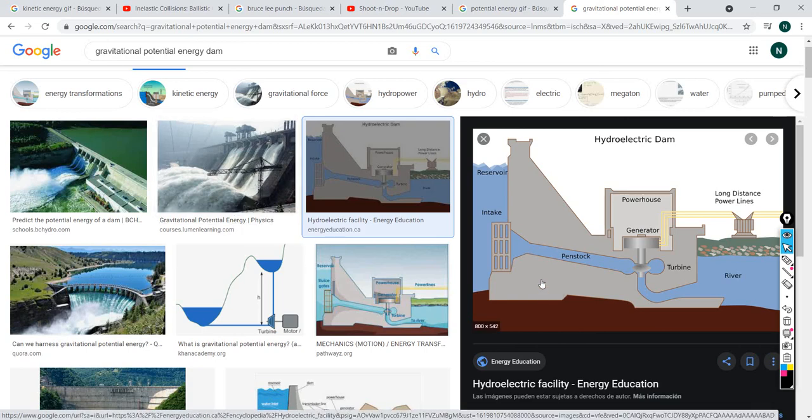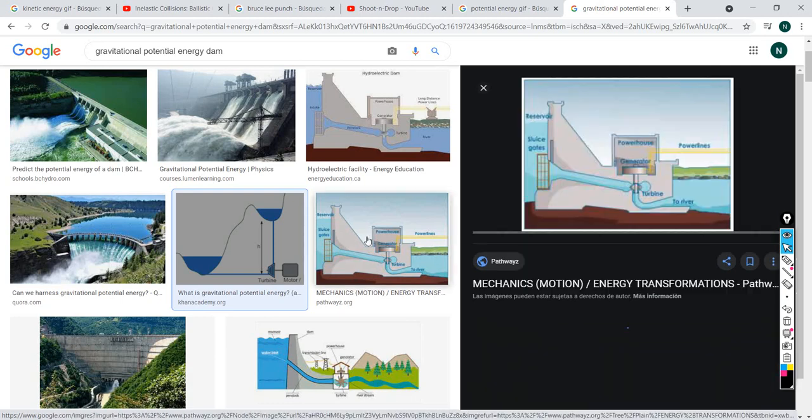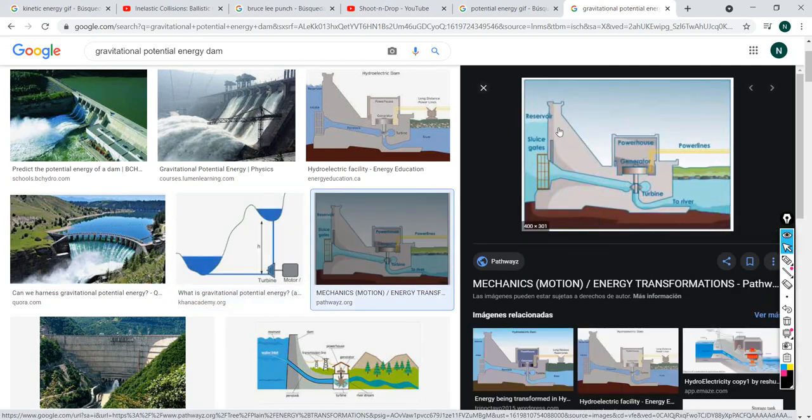And then that water, guys, look at this image here. This is the dam. When the water falls down, it's gonna impact on some turbine. Then, therefore, the water is gonna do work on the turbine, and the turbine can activate a motor. Okay, look at this.